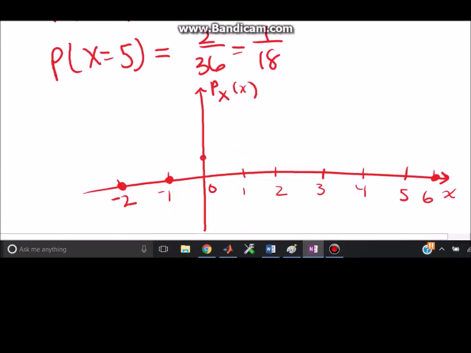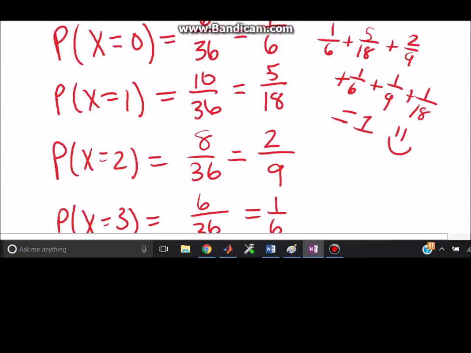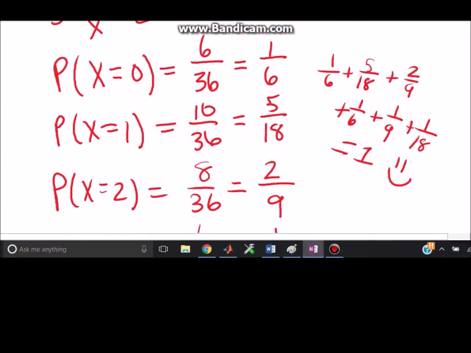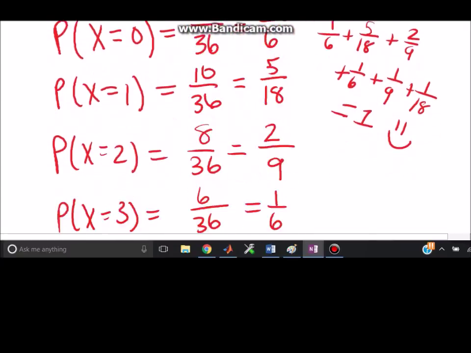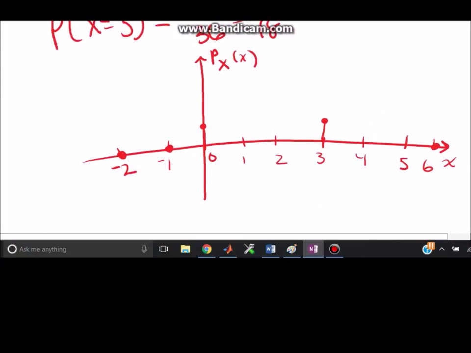Okay, and then you have 5 over 18, which is a little bit less than a third, and 2 over 9. So we should be labeling these so the plots are clear. Oh, sorry.